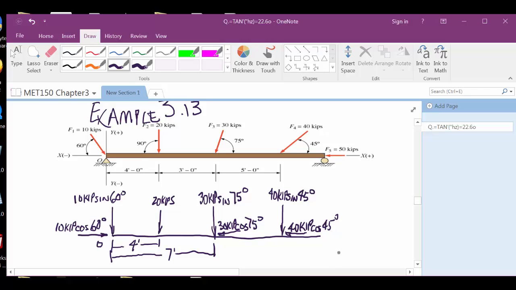And then of course you've got one down here that we can't ignore, I guess. 50 kips. All right? So you got all that going on. Distance? Oh, distance, thank you. Thank you very much.